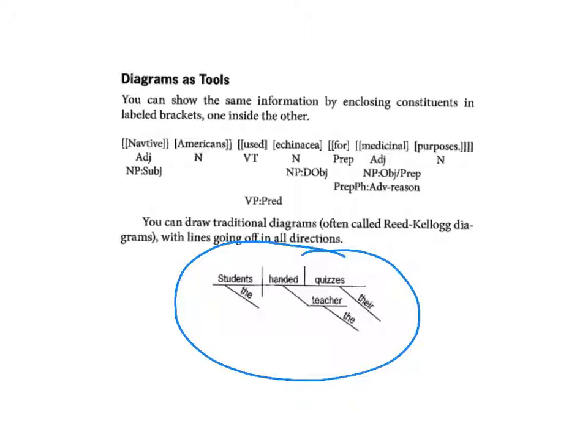But the tree diagram method introduced here will be our regular form. It is this method that is standard for linguistics and descriptive grammar, and it shows more clearly the relationships of the various constituents in a sentence.